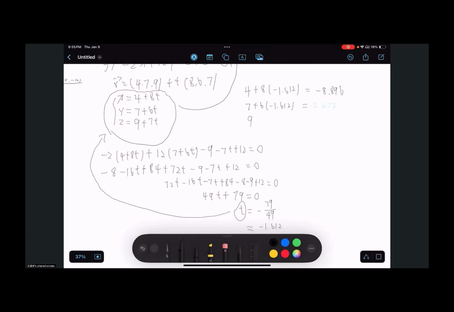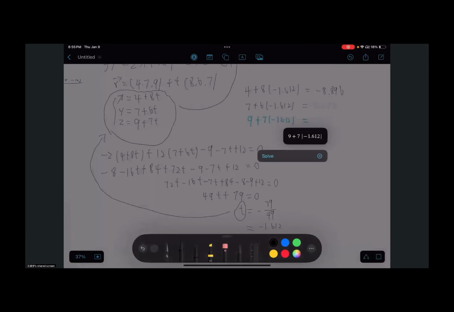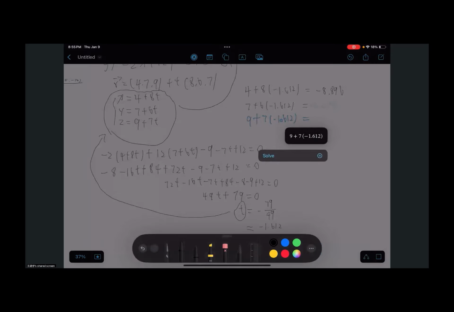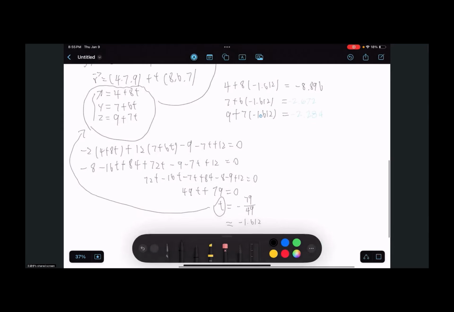And for z, we use 9 plus 7 times negative 1.612 equals negative 2.284.